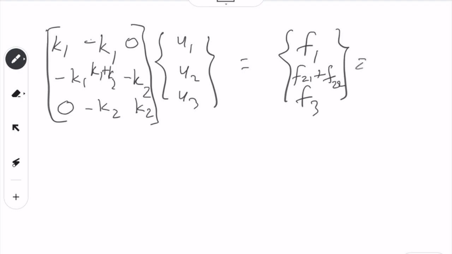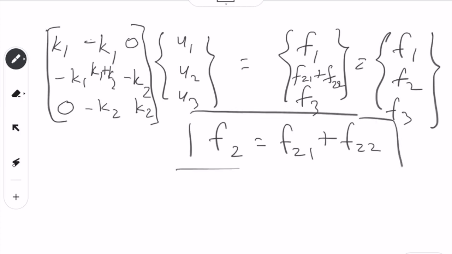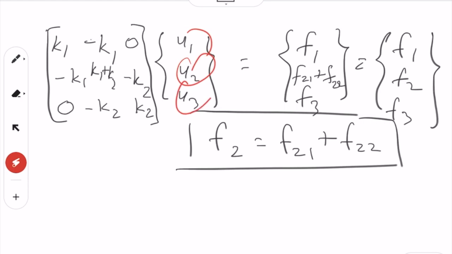This we can write as F1, F2 and F3, where F2 is nothing but F21 plus F22. So what we have? We have K1, minus K1, minus K1, 0, minus K1, K1 plus K2, minus K2, 0, minus K2, K2 multiplied by U1, U2, U3 is equal to F1, F2, F3, where F2 equal to F21 plus F22.